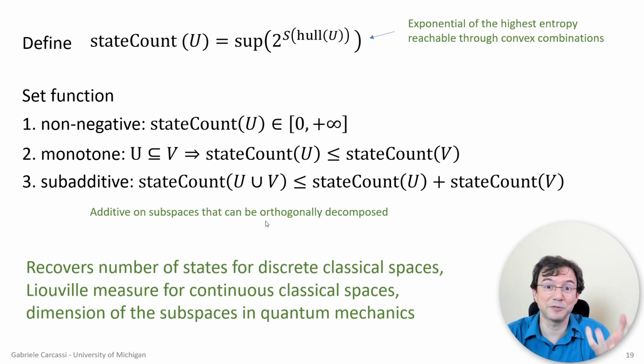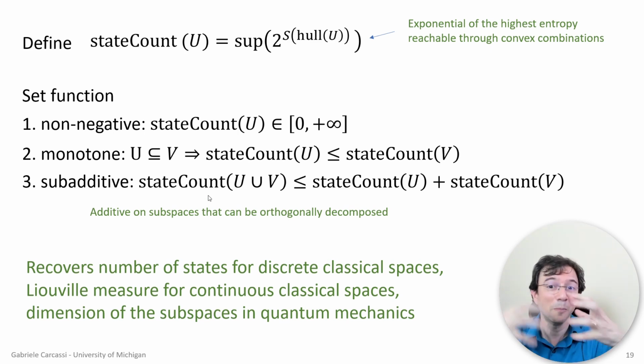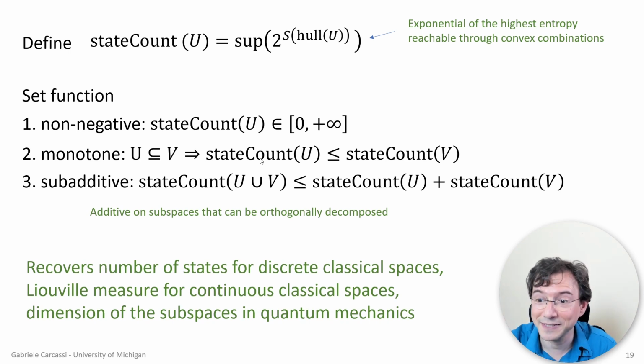So if you have two subspaces and do the convex combination, at most you're going to be adding them, and you're actually going to be adding them exactly when the space can be decomposed into orthogonal subspaces. So what happens is that this recovers the number of states for discrete classical spaces, it recovers the Liouville measure for continuous classical spaces, and it recovers the dimension of the subspace in quantum mechanics.